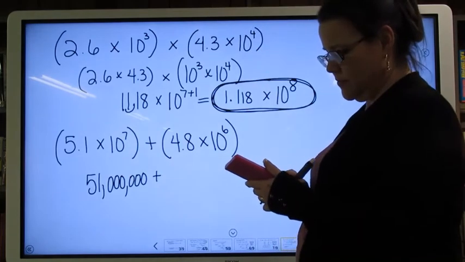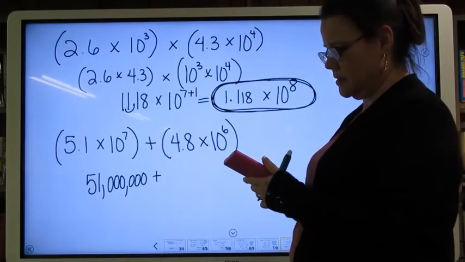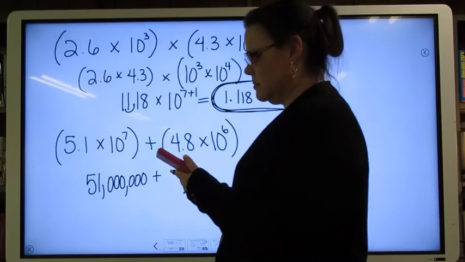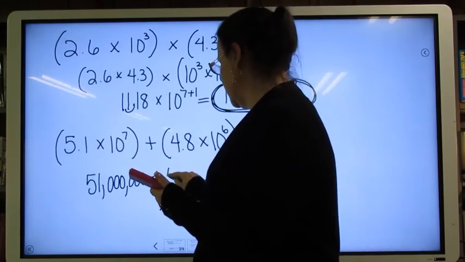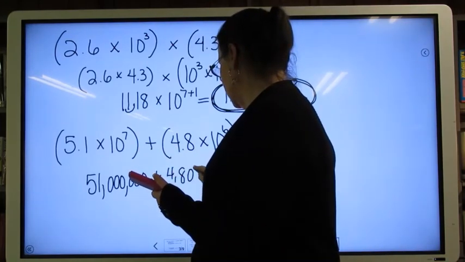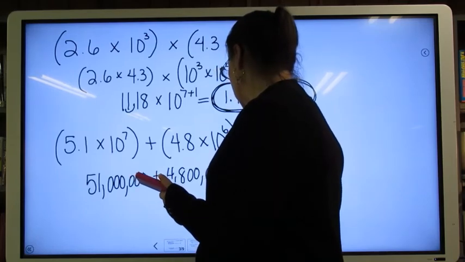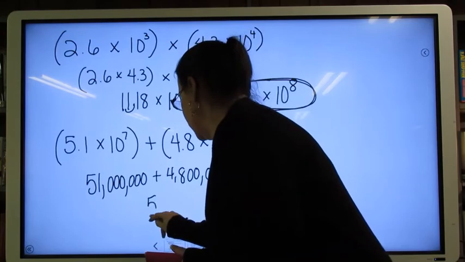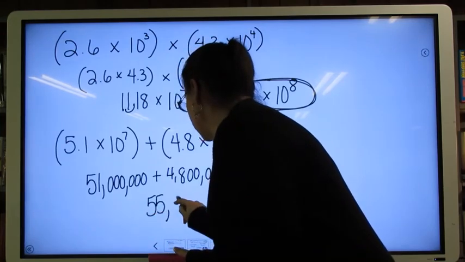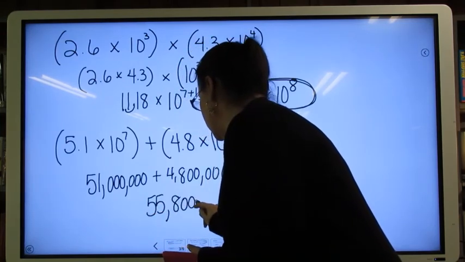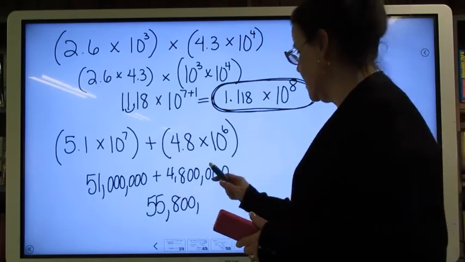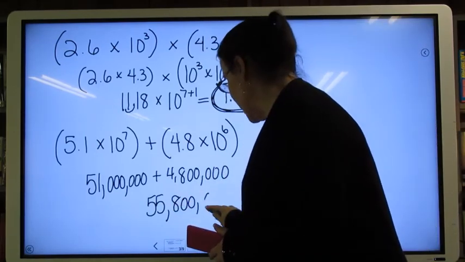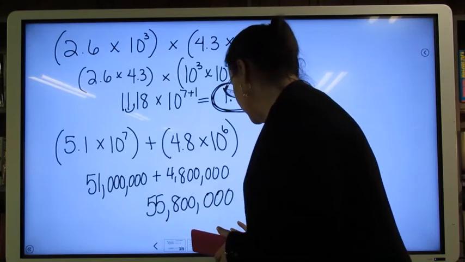And then this would be 4.8 times 10 to the 6th, and that's going to be 4,800,000. And then add those together, and it looks like it's going to be 55,800,000. That would be your standard form.